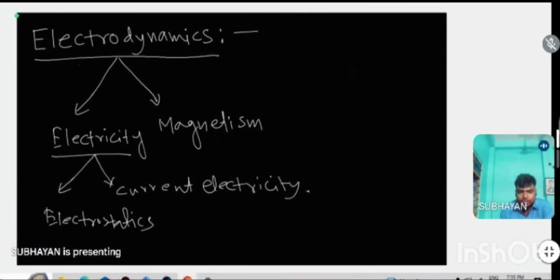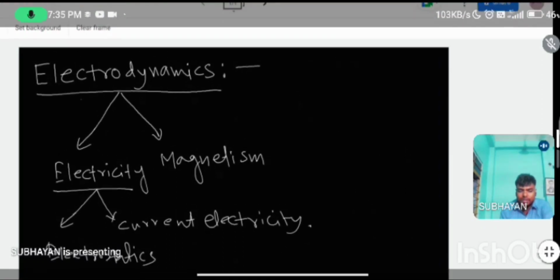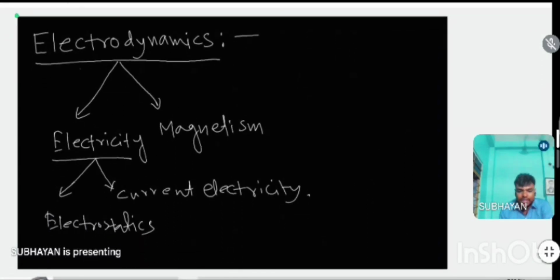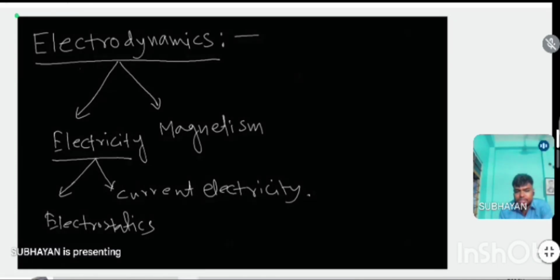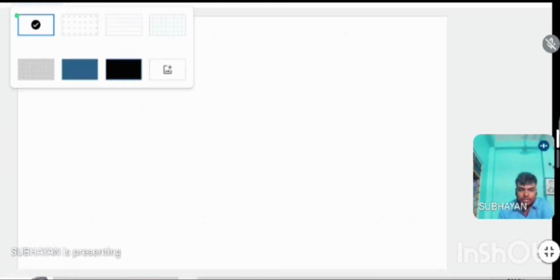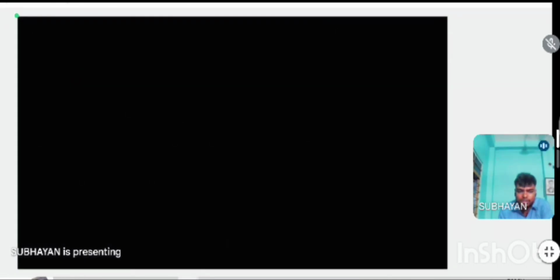So electrodynamics consists of these topics, mainly electricity and magnetism. Within electricity, you have two parts: one is electrostatics, the interaction between static charges, and the second one is current electricity. So we have started the study of such topics, namely from electrostatics.